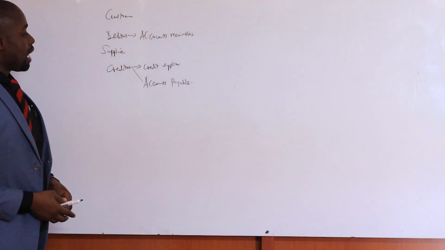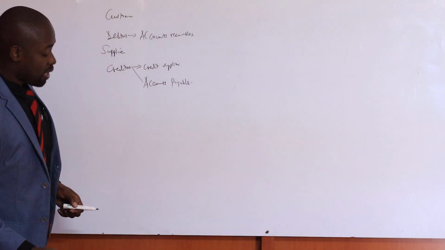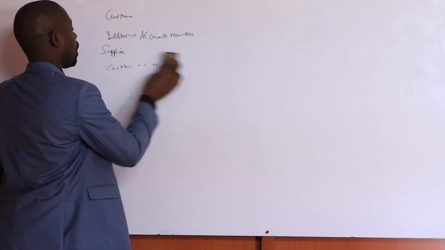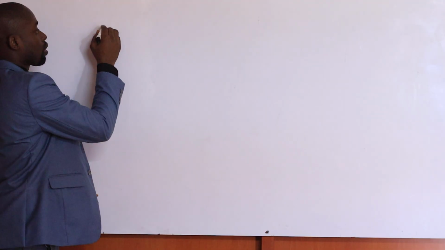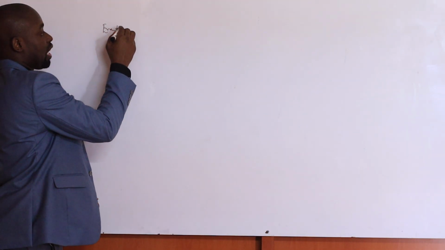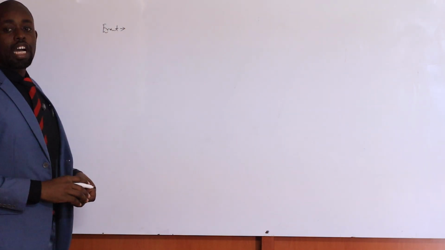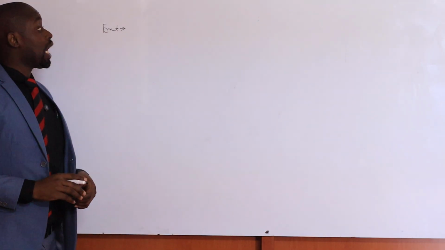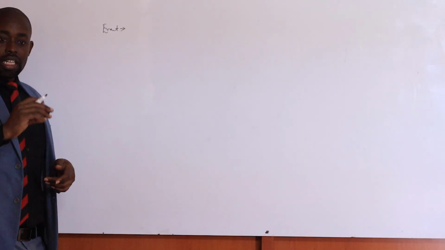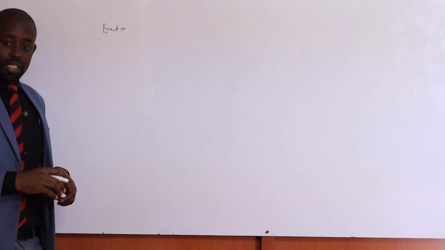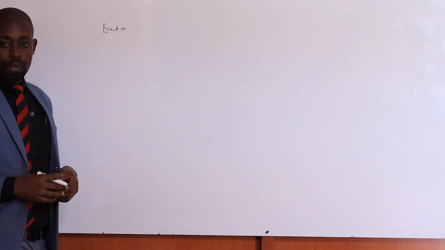The next term I want us to understand is what we call an event. An event is any occurrence in business that results in flow of cash in or out at present or at a future point in time.